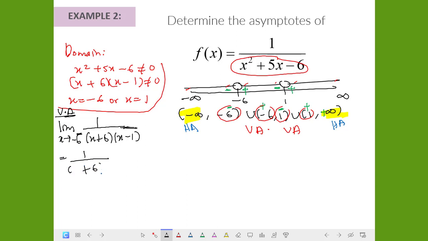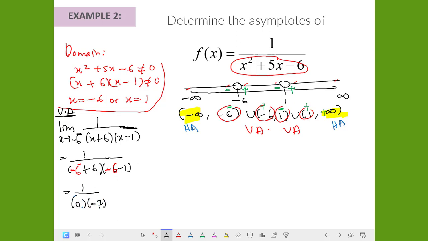Negative 6 minus 1. Here, negative 6 from the left is also negative 6, right? So here the answer is actually confirmed 0, and it is negative 1 times 0, then negative 7.